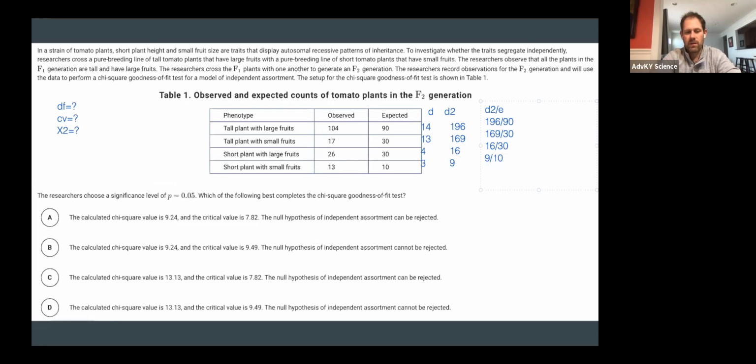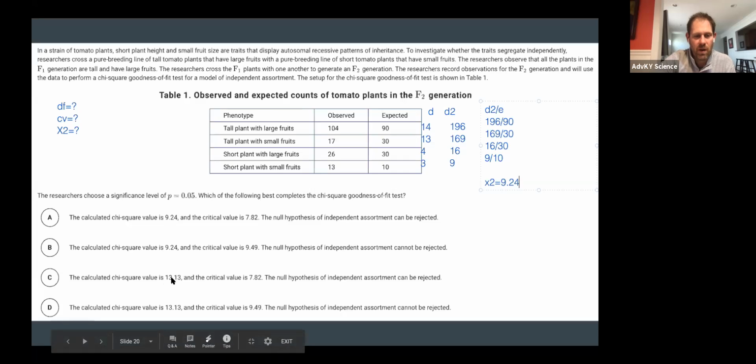Your chi-squared value is going to be a sum of all those fractions. So you should come out to the A answer here, 9.24. The rounding might be a little off, so you might get 9.1 or something like that, but the answer is way far from 13.13.